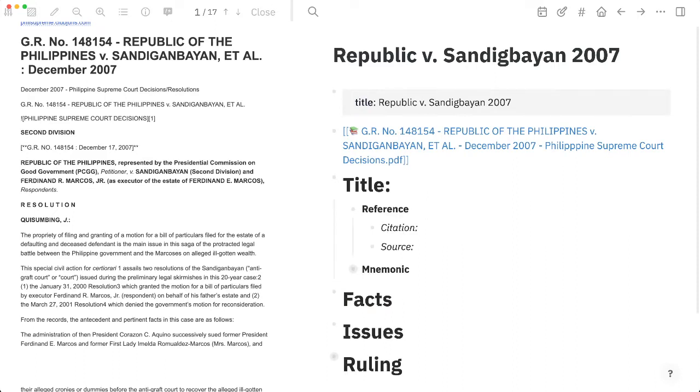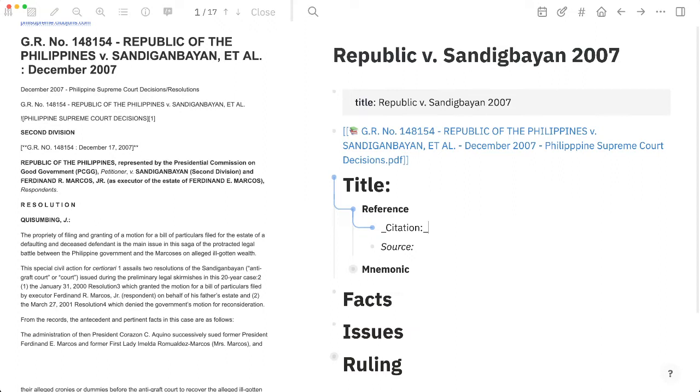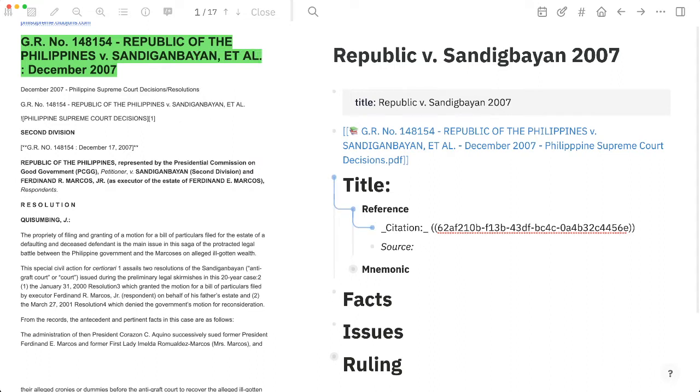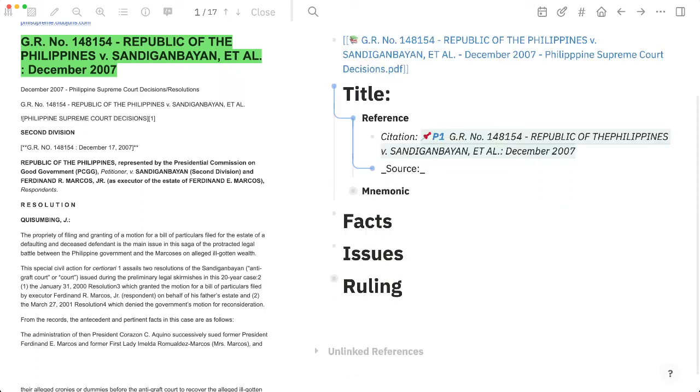So ito, copy ko yan, just make that copy and paste here. But pwede rin, another way is, probably one of the better ways gawin ko is color green, and then I'll copy the reference and paste it here. So nandiyan, oh, kikita natin dyan. So that's the citation source.